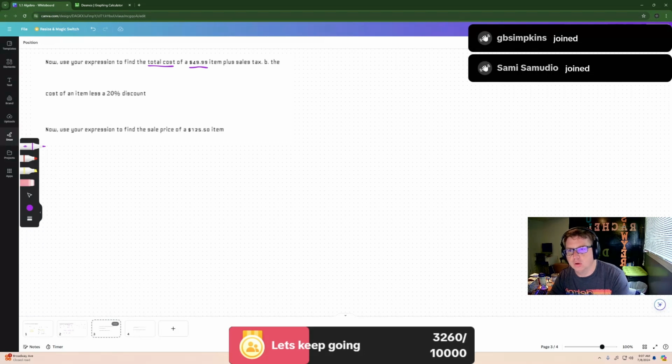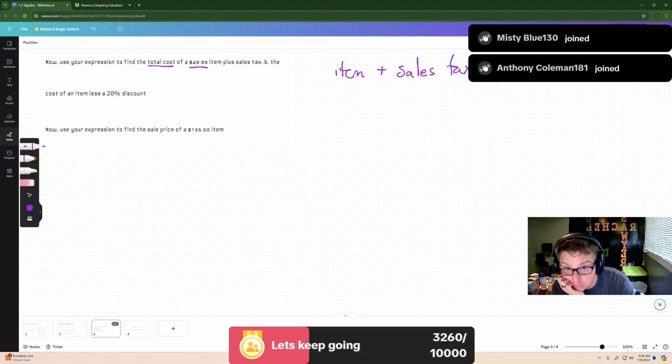Okay, so let's do one where the item, and anytime you buy something, you're going to buy the item plus sales tax. Now, the item is whatever the item costs. So this will be the cost plus, and then how do we find the sales tax?